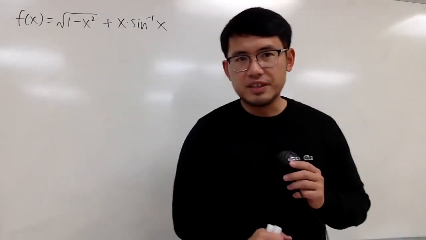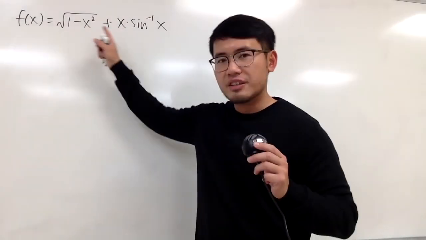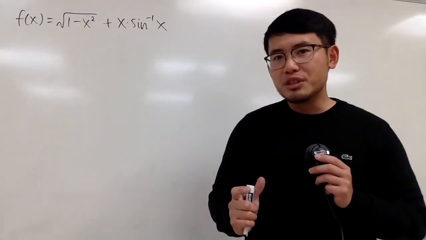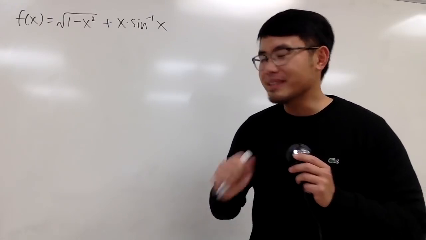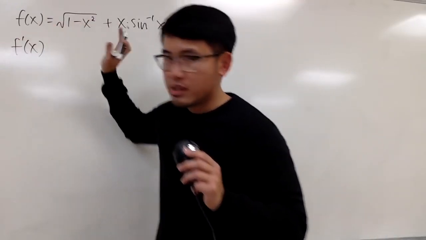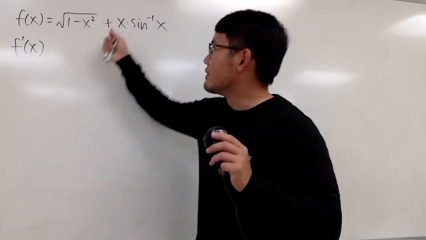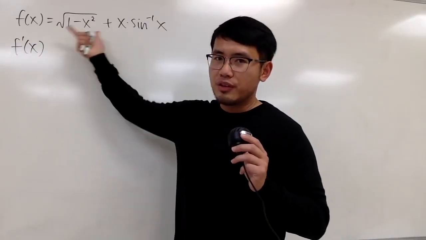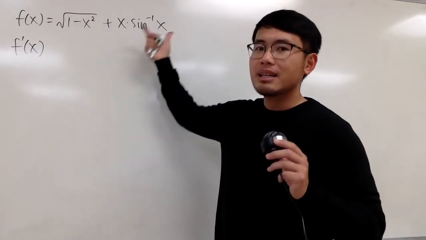All right, in this video, we are going to differentiate this function here. And then the result is actually pretty nice, right? So here we go, f prime of t for the derivative. First of all, we have a sum of this and that. So we are just going to differentiate this, and then we add the derivative of that.